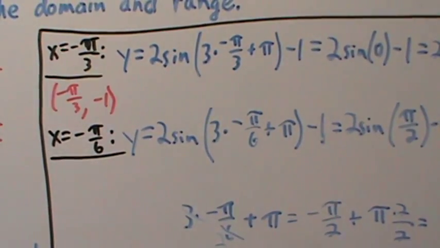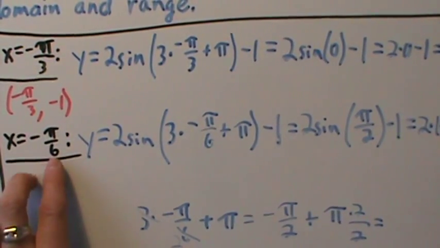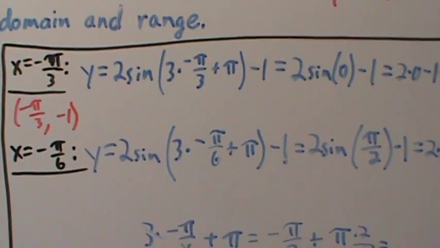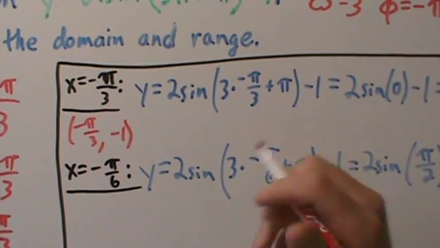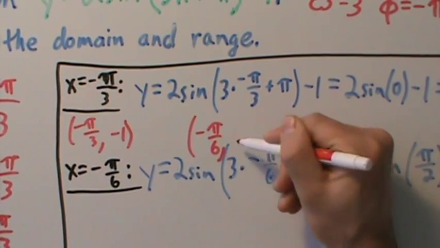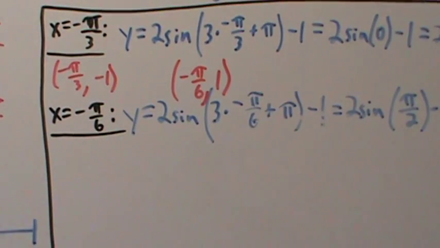So this corresponds to the point negative pi over 6, comma 1, because when x is negative pi over 6, y is positive 1. So let's write down the coordinates of that point. First we'll erase this, and then this corresponds to the point negative pi over 6, comma 1.